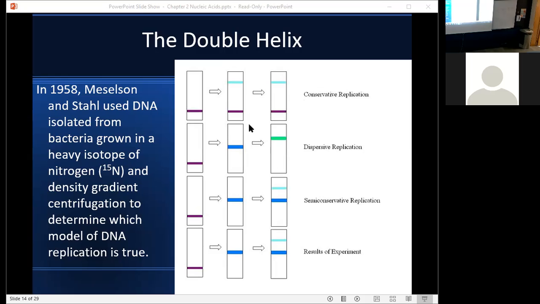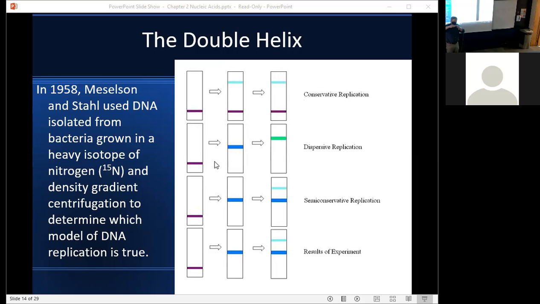With the dispersive model, again at the 0 time point, we're going to have one band of heavy DNA. Because with the dispersive model, the new DNA is going to be all throughout the new DNA molecules, kind of all over the place. So as we go through subsequent rounds of replication, the DNA is going to get lighter and lighter.